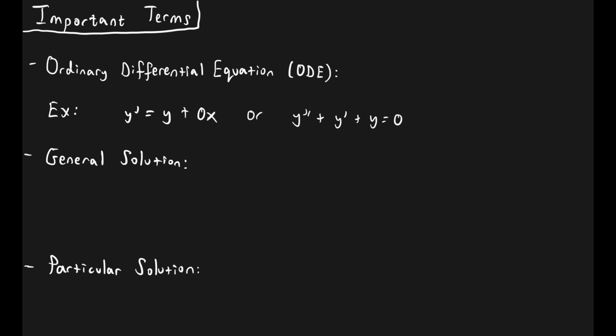And finally, we could also include the independent x variable that I mentioned earlier. So we could have an ODE that looks something like this: xy prime plus y equals cosine of x. Now, all three of these would be examples of perfectly acceptable ordinary differential equations.